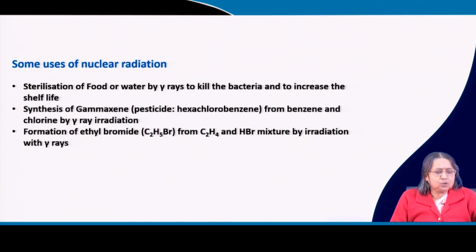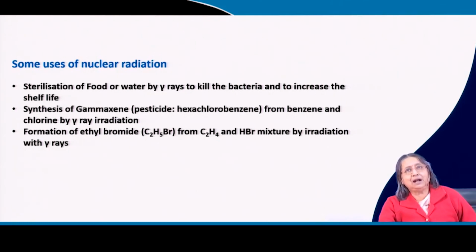Now, what are the different uses of nuclear radiations? Here you see that food, if you keep it for a long period of time, will become stale and give a bad smell. So, to increase the shelf life of food or water, gamma radiations are used to kill the bacteria. Why does the food become stale? Because of the growth of bacteria.